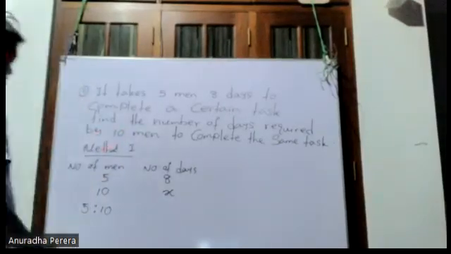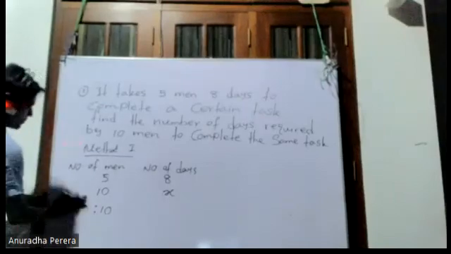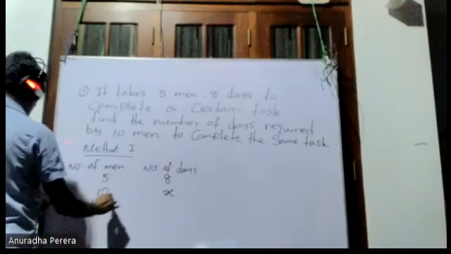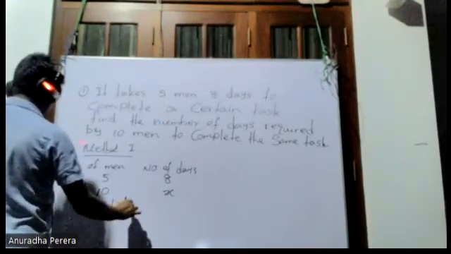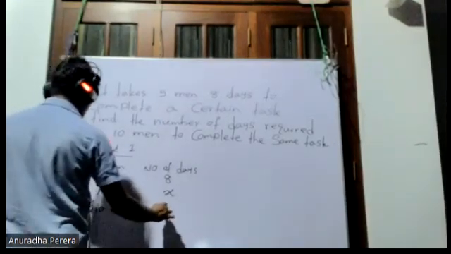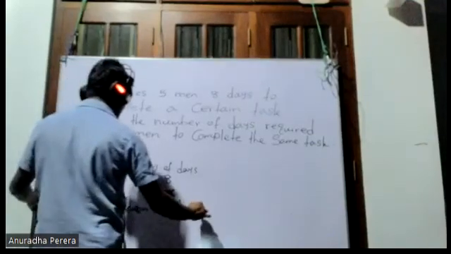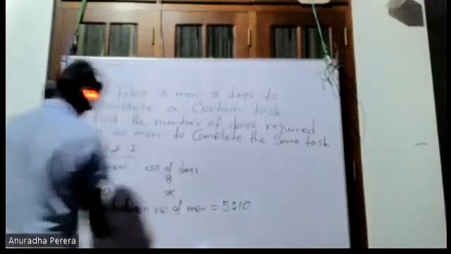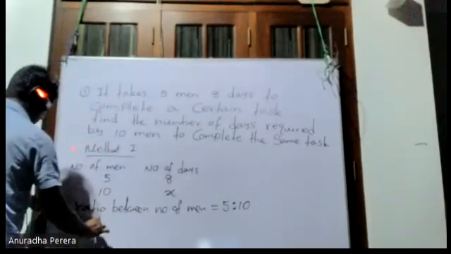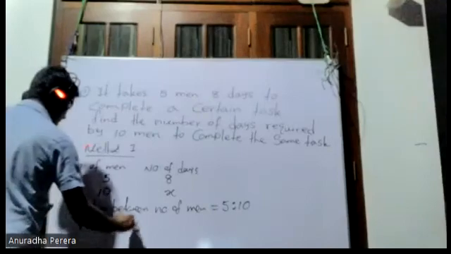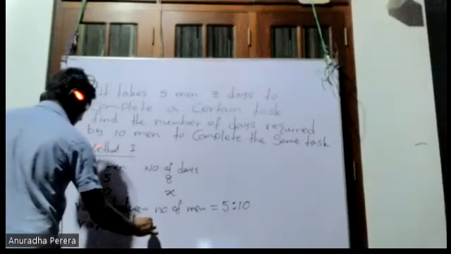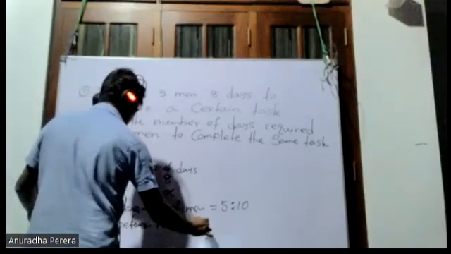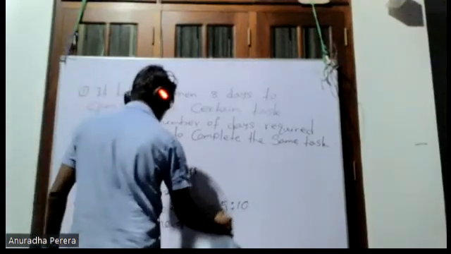Then we have to take the ratio between number of men, 5 is to 10, and the ratio between number of days, 8 is to x.